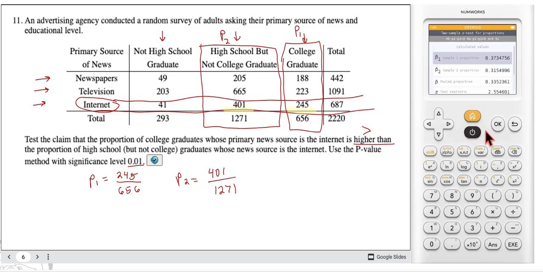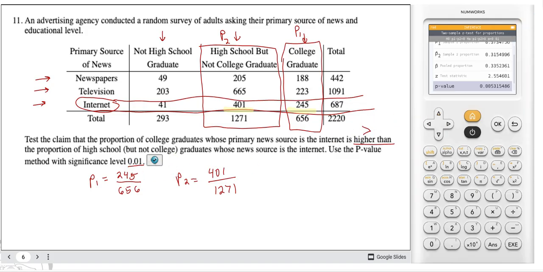And then we have done the test. Now be careful, these are the proportions, so this would be the 37% who are college graduates who use the internet, 31.5% are high school graduates who use the internet. This is the pooled proportion. What we're looking for is the p-value right here, 0.005.